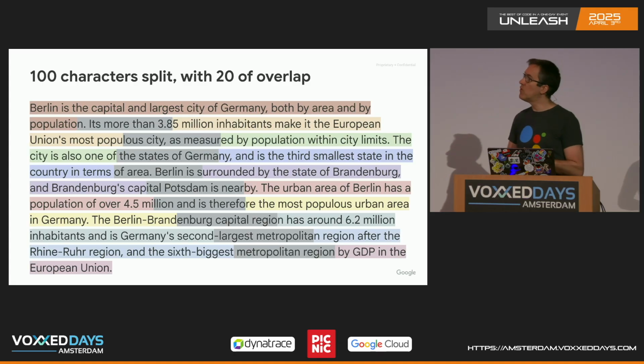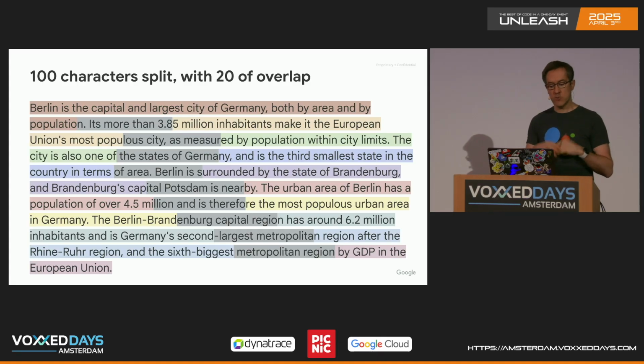So one way to avoid that, and usually that's when you do constant number of characters chunking, you do an overlap, which means that the first chunk is going to go up to here, so the number is still split, but the next one, the orange-ish chunk, instead of starting here, is going to overlap the previous chunk.